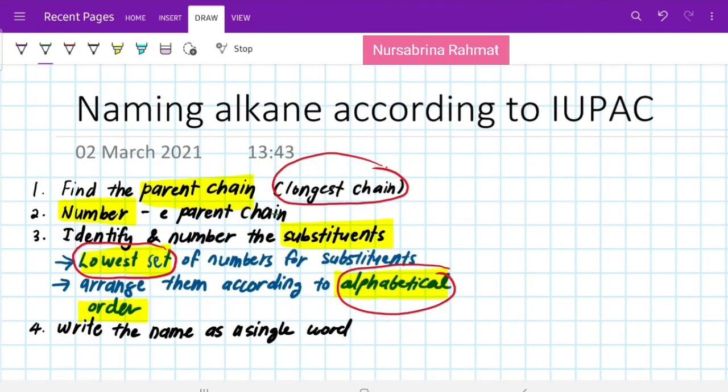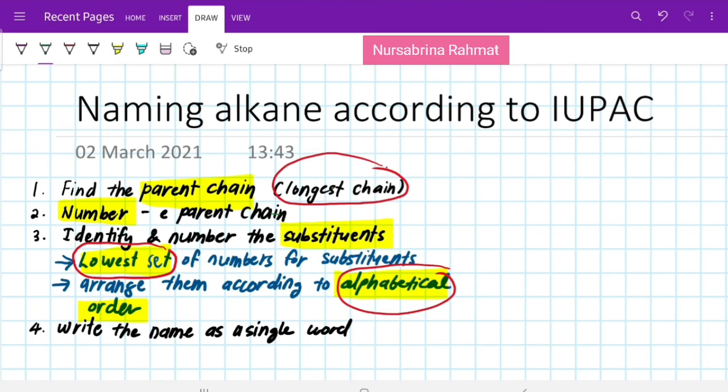Let's recap. Whenever you try to name your alkane, or basically any other organic compound later on, you need to first identify the longest carbon chain, which will serve as the parent chain or your backbone. Secondly, you need to number your parent chain according to the prefixes given, and then identify the substituents. Normally we will have more than one substituent in your alkane.